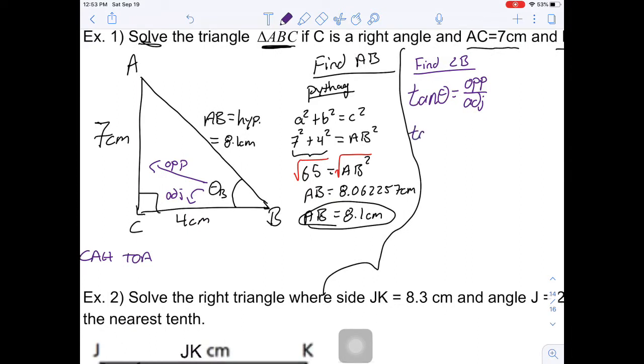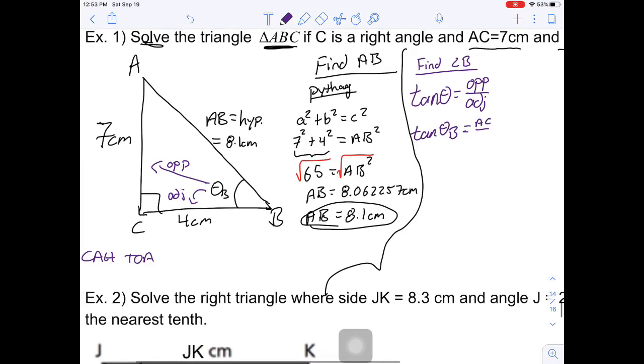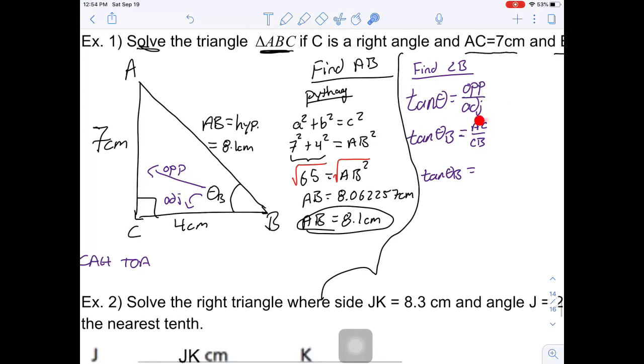Now let's write this in terms of angle B. So I'm going to put a little subscript on angle B here. Now we're thinking about tan in terms of angle B. So for angle B, our opposite side length is 7, so that's AC. So I'm just going to represent it as AC. And my adjacent side length is from C to B. And now I can plug in my values. So what is side length AC? AC is 7, so let's plug in 7.